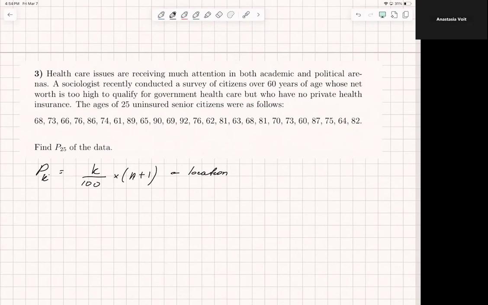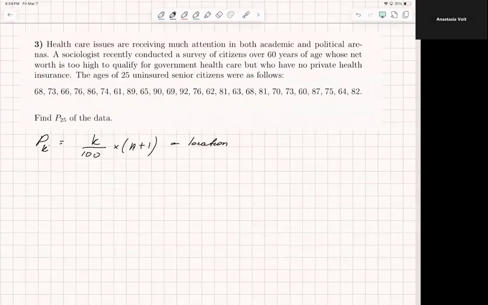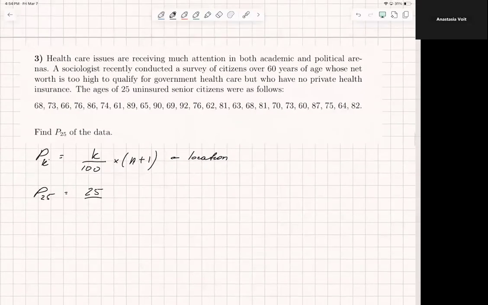So let's first calculate the percentile, and then we will put the data in order. There's a lot of data, so we'll just do how many we need and calculate from there. So we have P25. That's gonna be 25 over 100 times, and how many values do we have? We have 25 values, right? 25 plus 1, which is 26. So we have 6.5 as the answer.